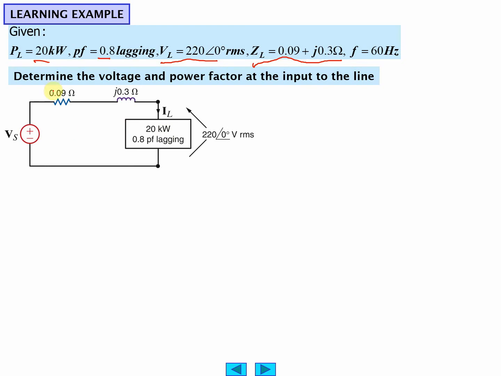No, that's the Z of the line. Right here. Frequency 60 Hertz. And we have this much power factor. So we want to figure out the voltage and the power factor to supply. We need V_S is what we're trying to find.